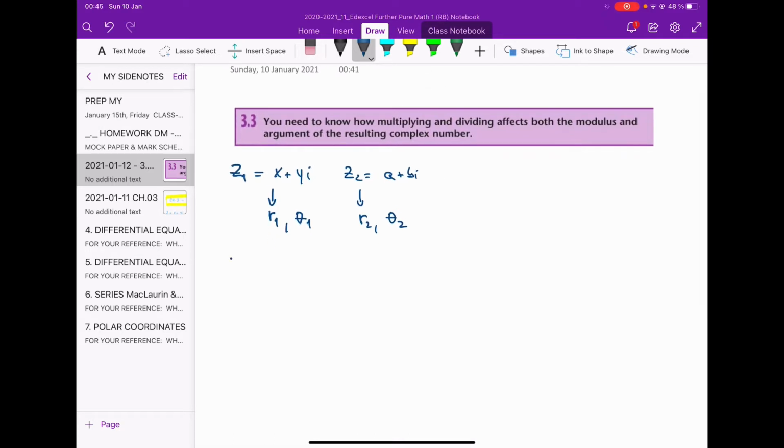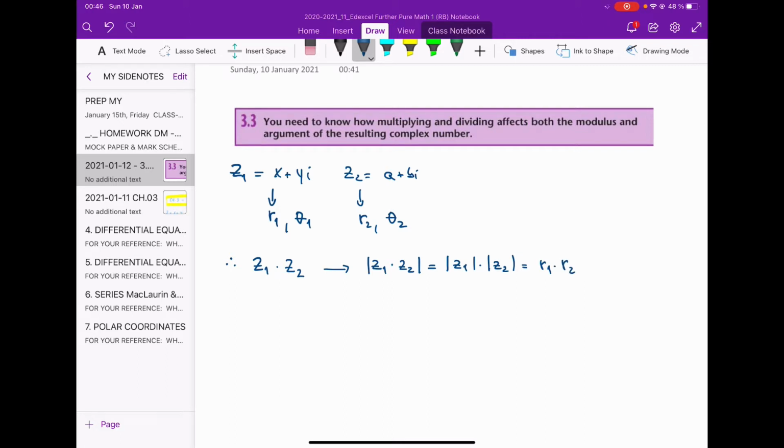So the important part that you need to be aware of: if I multiply two complex numbers, then this is true for their modulus. The modulus of the product z1 times z2 is equal to the product of the moduli, or you can say r1 times r2.